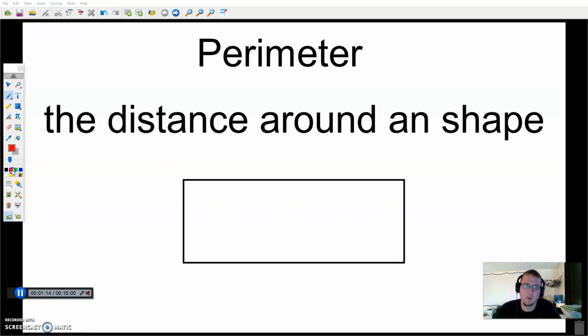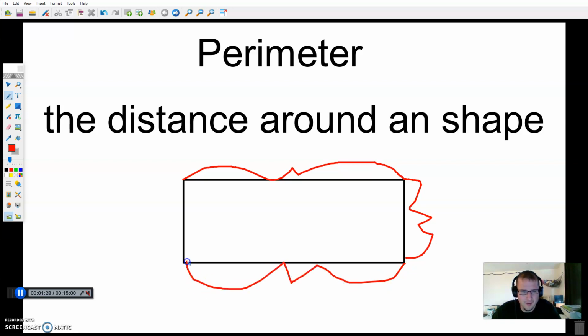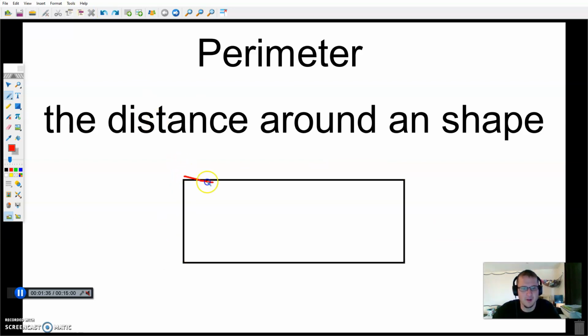If I want to talk about the perimeter of that rectangle, I am talking about the distance all the way around, from here to there, over to there, down to there, and up to there. Which means we need to know what the length is and what the width is.